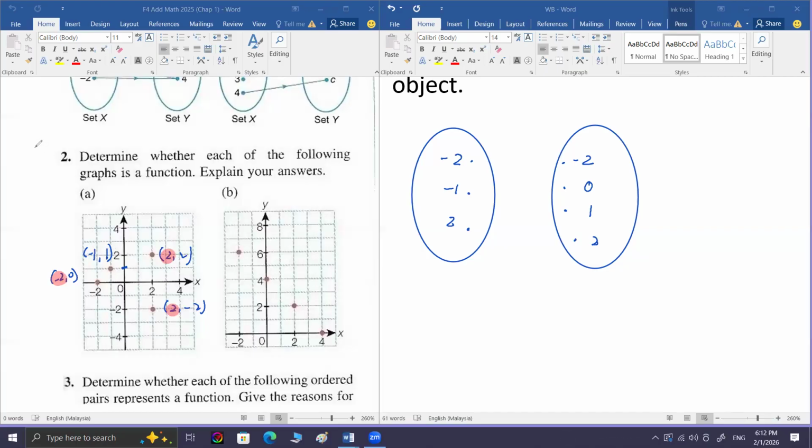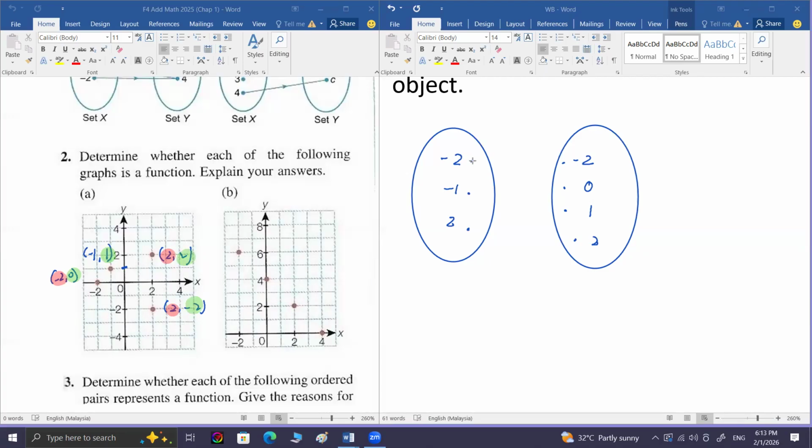Now you look at all the y-axis, class. The y coordinates, what do you have? 0, 1, 2, -2. I put them accordingly, in increasing order.